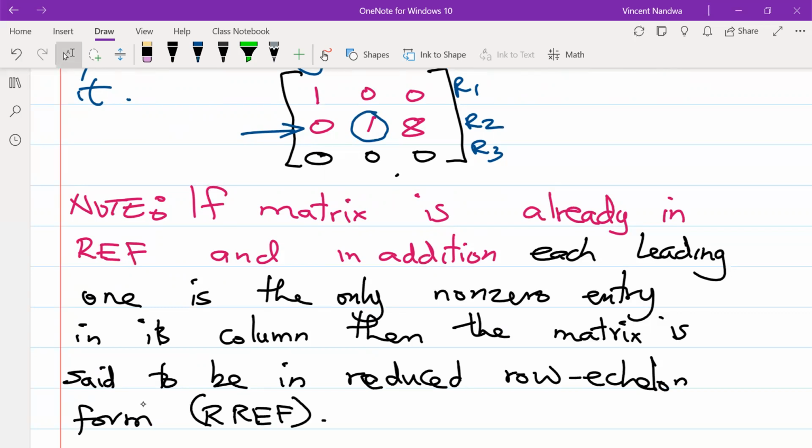So when a matrix satisfies all the conditions for row echelon form, and in addition, for every leading one, that is the only non-zero element in that column, then such a matrix is said to be in reduced row echelon form.